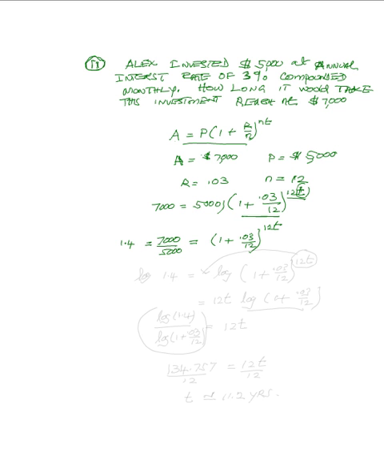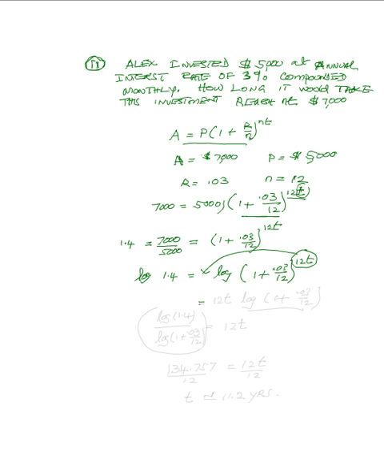Now, if I take logarithms on both sides, I will have log of 1.4 equals log of 1 plus 0.03 over 12, to the power 12t. As we did before, we can bring this 12t out as the coefficient using the property of logarithms.